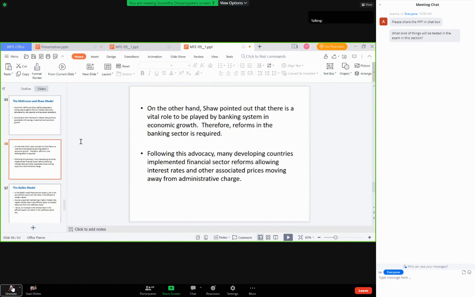And that's why they have linked the banking system as well. They are saying the banking system in the economy plays a vital role, and it helps economic growth. In this point, Shaw pointed out that there is a vital role played by the banking system in the economy. Therefore reforms in the banking sector are required.